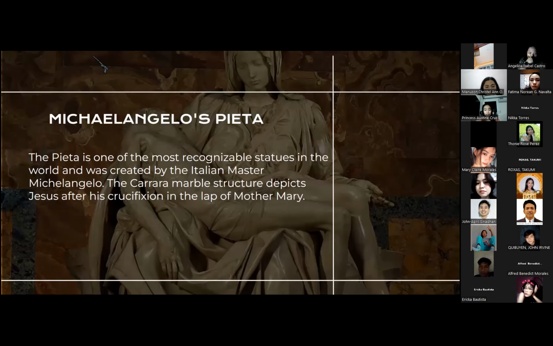The Carrara marble structure depicts Jesus after his crucifixion on the lap of Mother Mary.